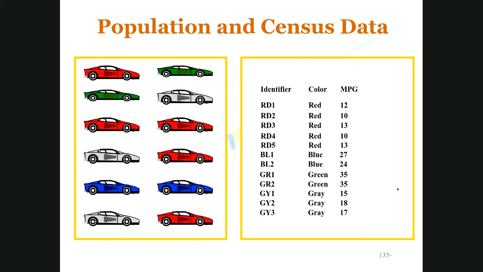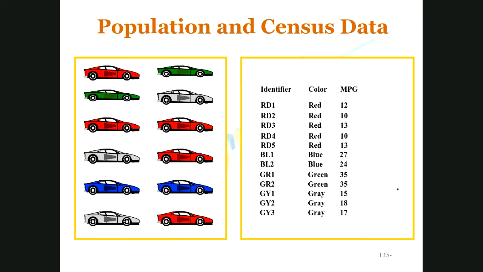However, does someone see a problem with doing an analysis of this? No problems? Anybody see a problem? Okay, it's sort of a trick question. Because you only have 12 as the total population, that's a very small population. But if it is the population, you can do an analysis on it.